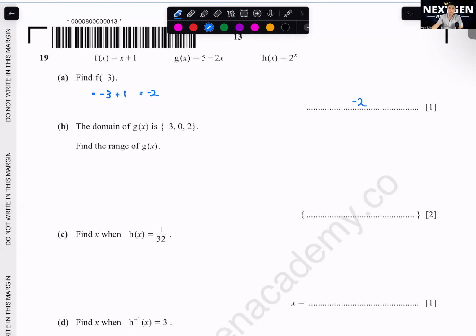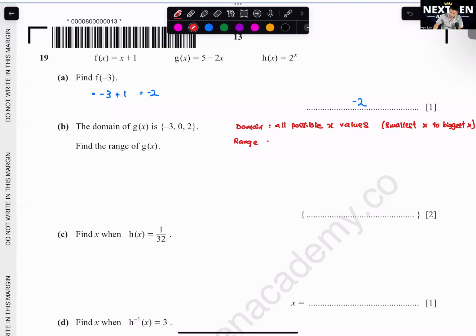Domain and range. Do you all know what is domain? Do you all know what is range? Domain means all your possible x values. Okay, write this down. All possible x values. In other words, it is the smallest x to the biggest x.